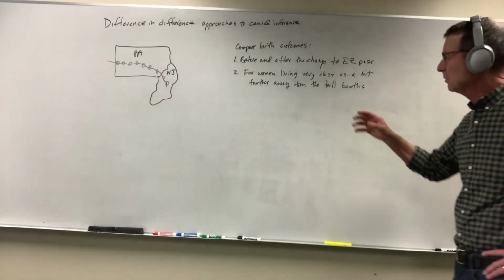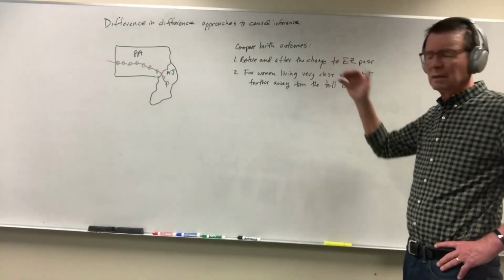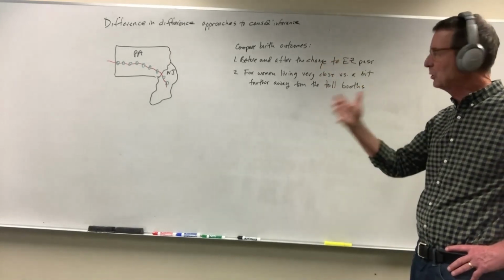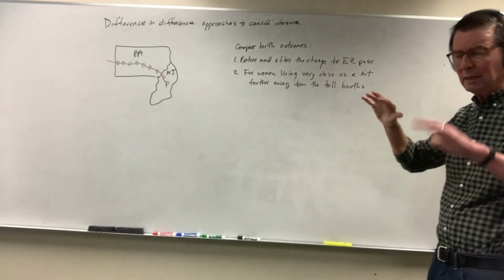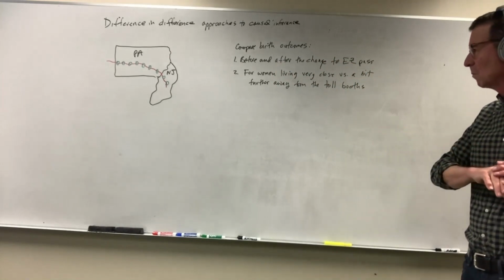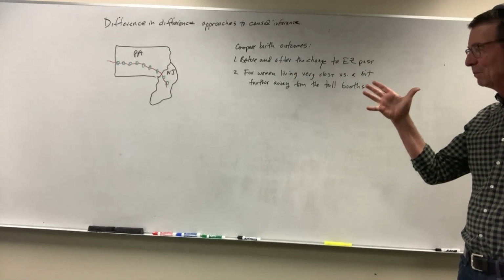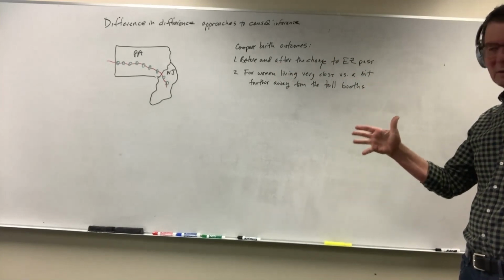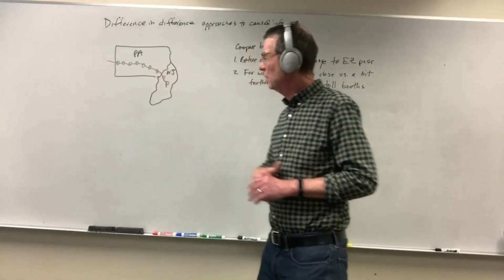So what the analysis ends up doing is comparing birth outcomes, and this is difference in difference, right? The first difference is to compare before and after the change. So the idea is to get birth certificates for years and years, and the period over which you're getting the birth certificates coincides with this whole period when things were rolled out.